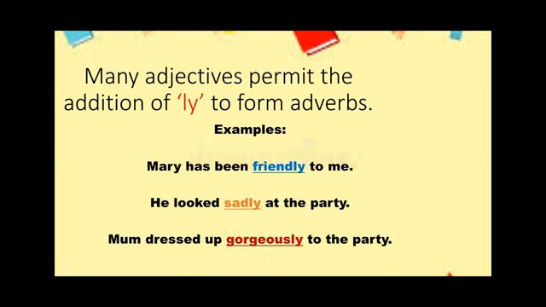Friendly, sadly, gorgeously. Remember when I ask you to give me examples of adverbs, you always add ly, okay? But many adjectives permit the addition of that ly to form adverbs. So in these sentences, you can see that the adjectives have taken ly to form adverbs.